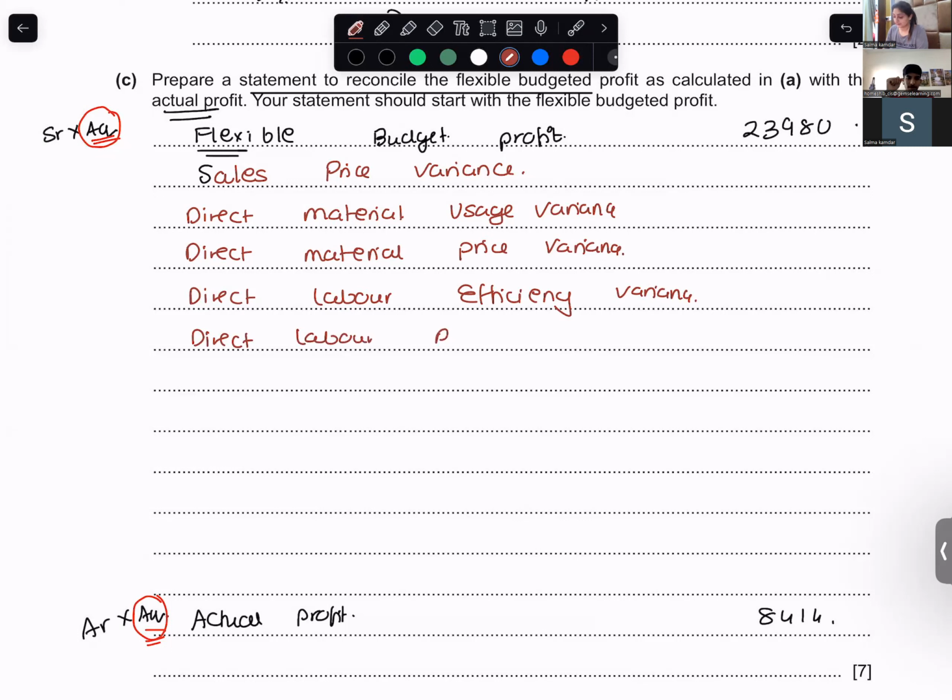Then there is fixed overhead expenditure variance, and then there's fixed overhead volume variance.